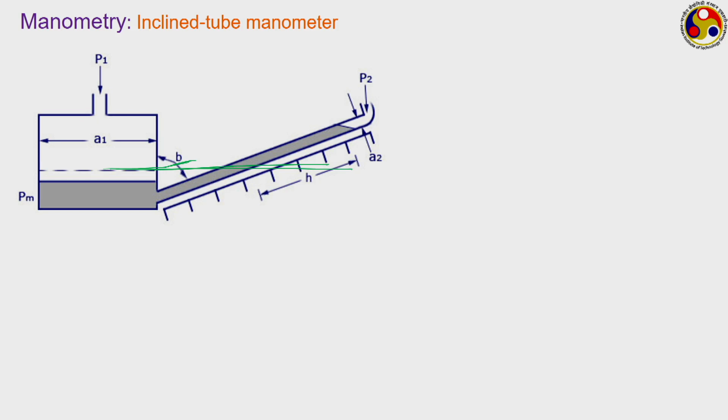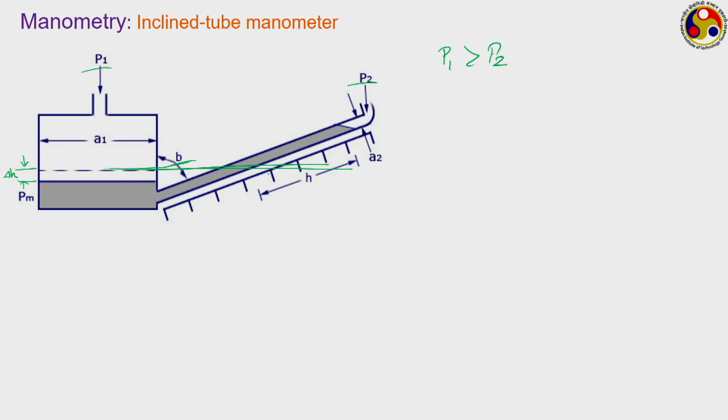Now, because pressures P1 and P2, which are different, with P1 greater than P2, have been imposed, there is a reduction in the fluid elevation in the well. This reduction in the elevation level of the fluid is, let us say, delta H.